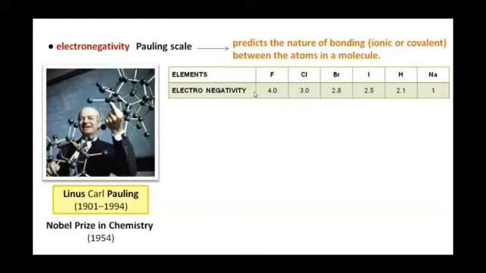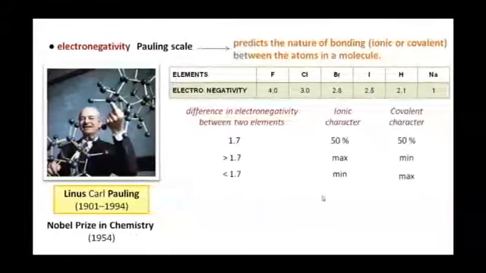Let's see the electronegativity of few elements. For chlorine, it's 3.0, and for fluorine, it's 4.0, bromine 2.8, iodine 2.5, hydrogen 2.1, and sodium 1. Based on the difference in electronegativity, we can identify the character of the bond between the atoms.